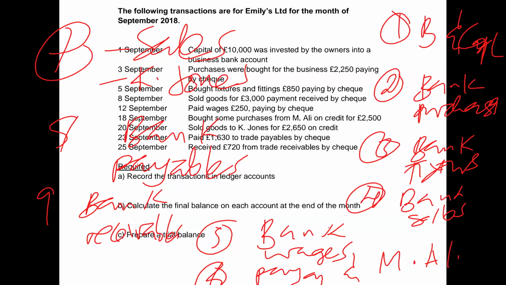Then for this one, you have bought some purchases, okay? Yeah, on credit. Remember every time you purchase on credit, you are crediting the payables account because you're going to debit the purchases, isn't it? Because you buy, you're receiving.